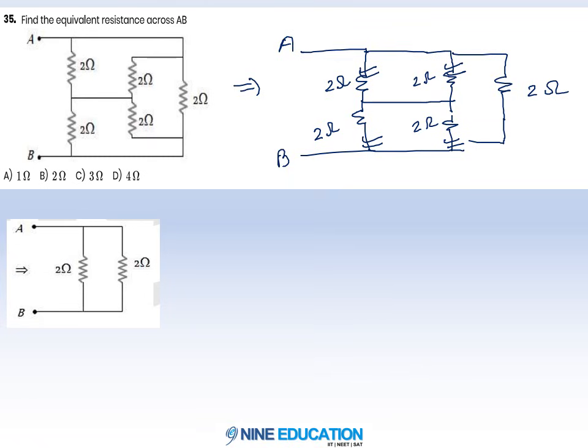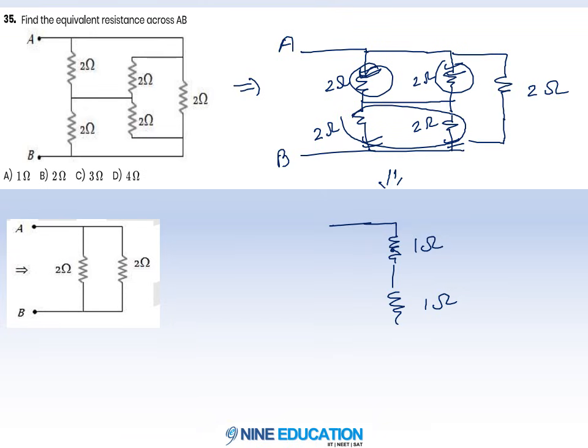So let's mark it. On further reducing this circuit, you will get 1 ohm equivalent of these two, then 1 ohm equivalent of these two.